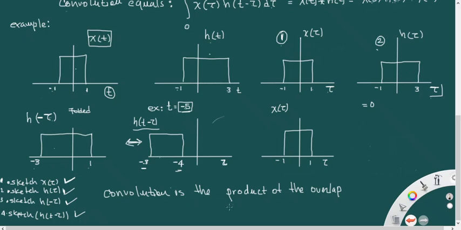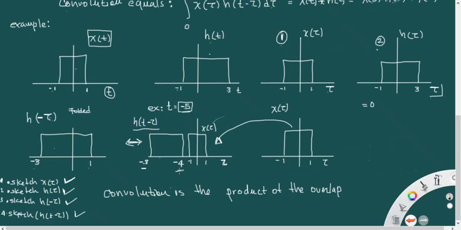So the convolution is the product, in this case, of the overlap. So if we have this x of tau in the same graph as this one, let's say this is from -1, so we will have here -1 plus 1, and this is x of tau.